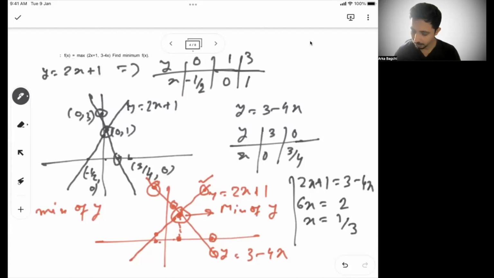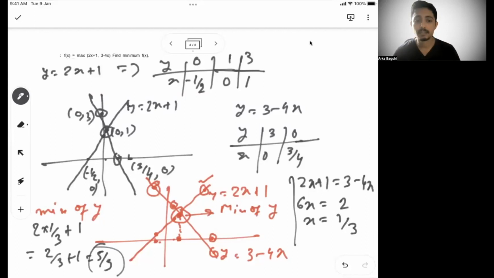And if I put this in the equation, the minimum of y becomes 2 into 1/3 plus 1, or 2/3 plus 1, or 5/3. So 5/3 is the minimum value of fx. Y is fx, minimum value of fx is 5/3. You can put the same in 3 minus 4x. Instead, you can replace x there also as 1/3, you will get the same answer.